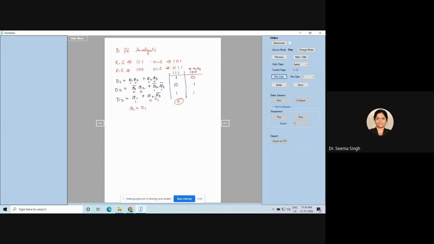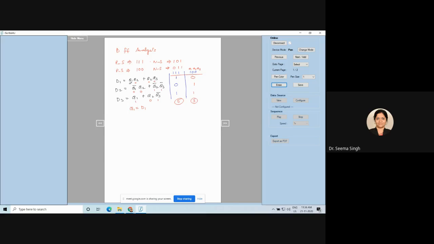Right? So as D flip flop says, the output will become equal to D once the clock appears. So what is this? This is a 3. This is what one of you told very correctly. So it is right.